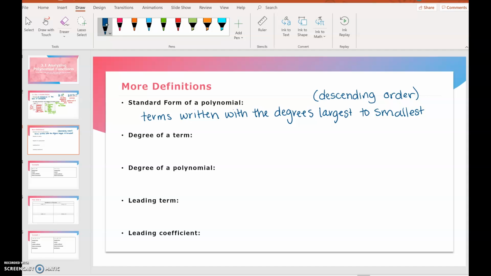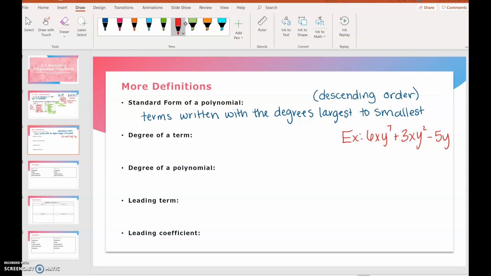And then we've already talked about it a little bit, but degree of a term. When you want the degree of a term, you don't just look at one exponent. An example that we'll look at on this slide is if we have 6xy to the 7th plus 3xy squared minus 5y.